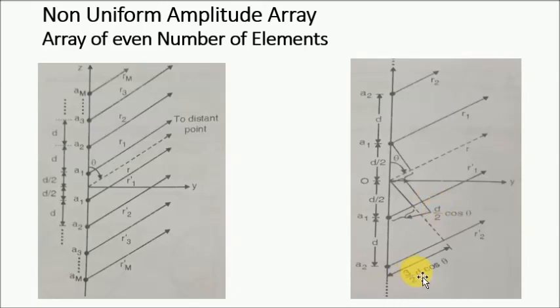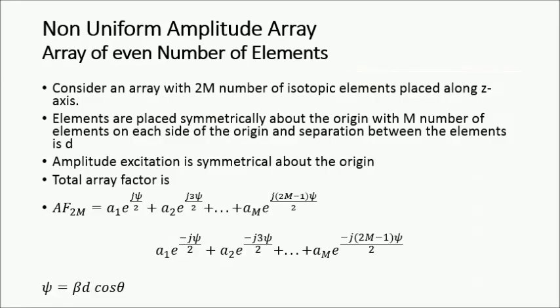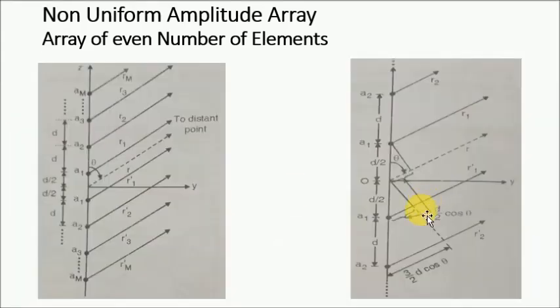You remember this pattern. Now this pattern is very important when we write down the equations for the even number. Now consider we have 2M isotropic elements placed along the z axis, and due to the symmetry about the origin, the first part is psi by 2, as we have already seen. Here it is d by 2.